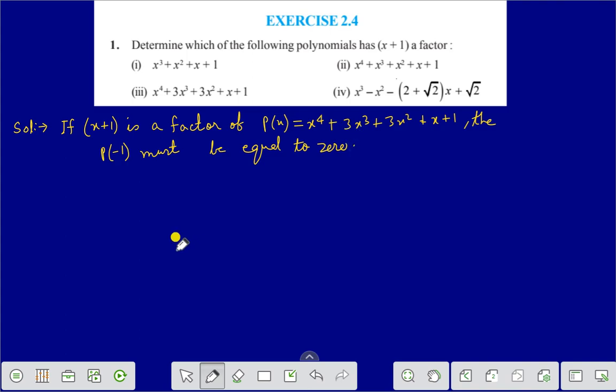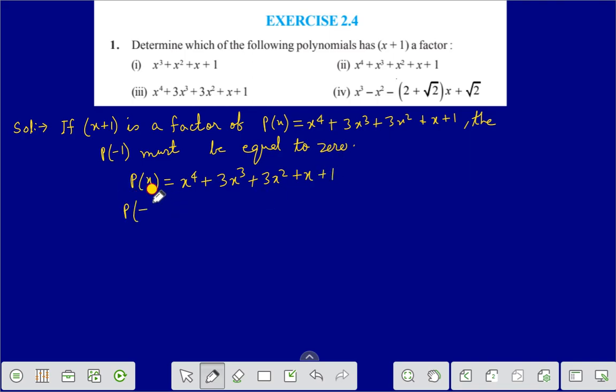And let us find. Here P(x) is given as P(x) is equal to x to the power 4 plus 3x cube plus 3x square plus x plus 1.